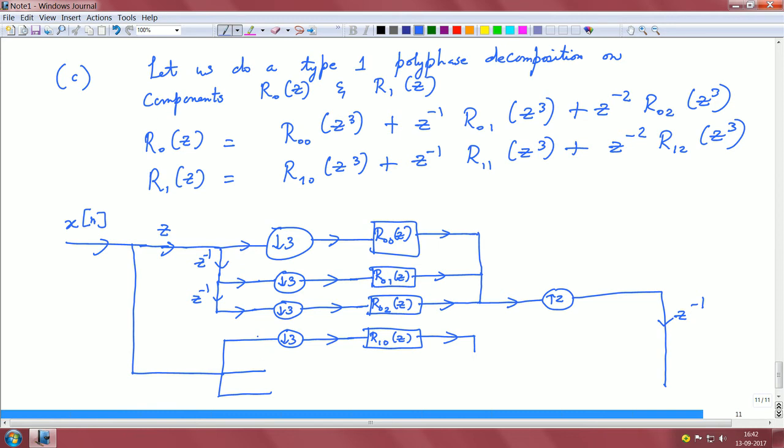So I think I would just erase some of these blocks here, just to get this diagram a little symmetric.